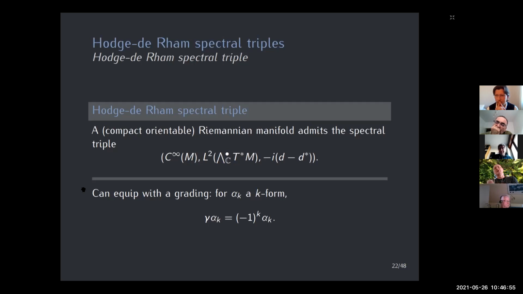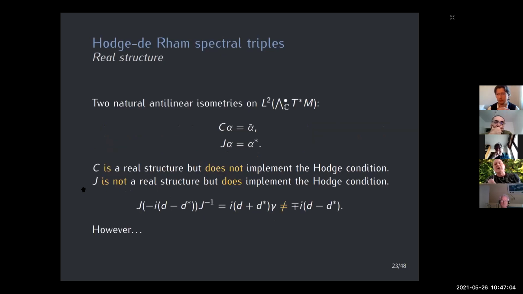Could you come back to this conjugation, interchanging D plus D star? Yes, precisely at this place. This J operator interchanges these two types of operators. Of course, they are equivalent up to this constant transformation, but from the point of view of the action of J, they are not.